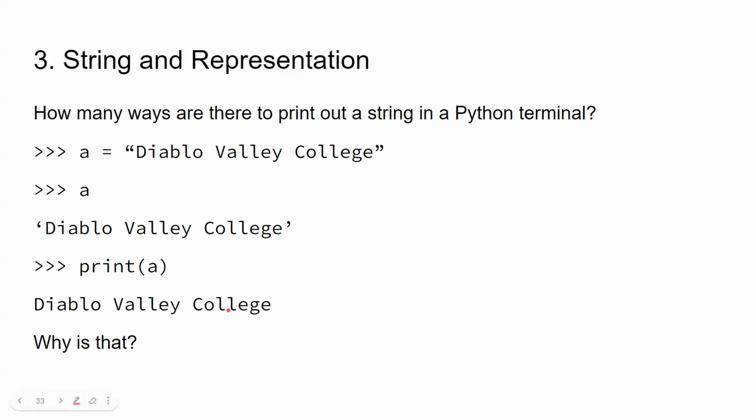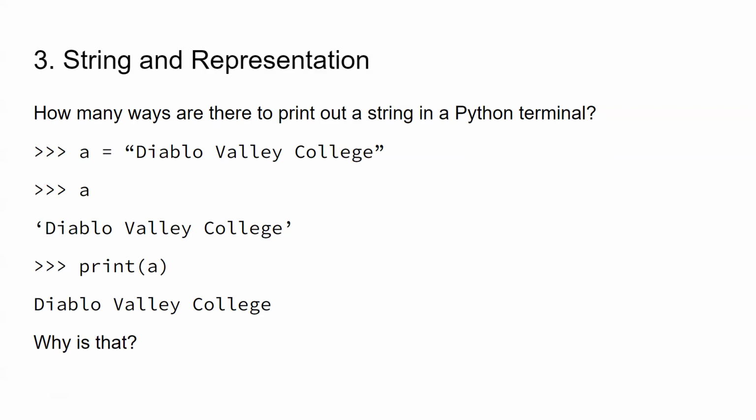For humans, the only thing we care about is what is stored there, just the full name of DVC. But the program cares about what the data type is, how many letters are there, and what exactly it is, to fully help it.